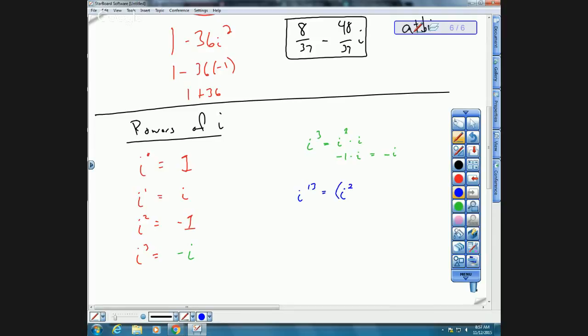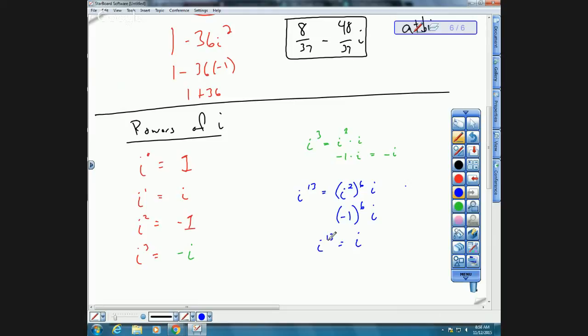So we have I squared, there's 6 pairs, and there's 1 left over. 2 times 6 is 12, plus 1 more would be 13. So this is negative 1 to the 6th power. Is that going to give me a negative number or a positive number? It's an even number right here, so it's going to be positive I. So I to the 13th is positive I.